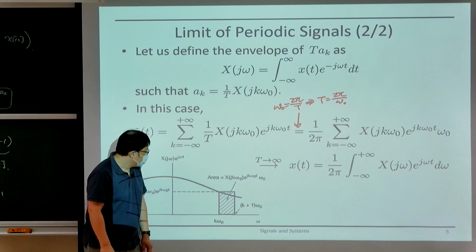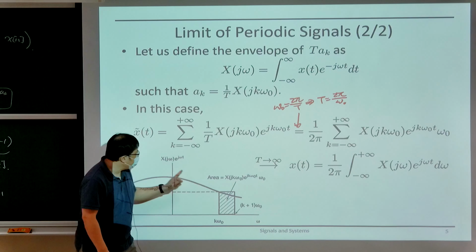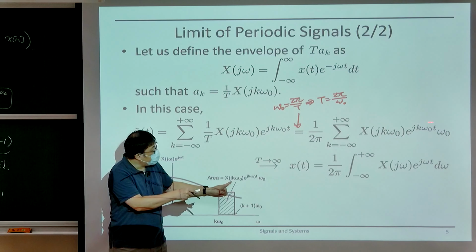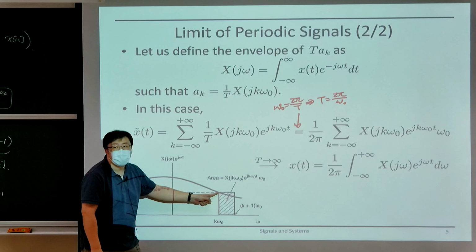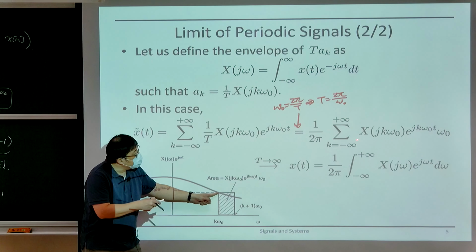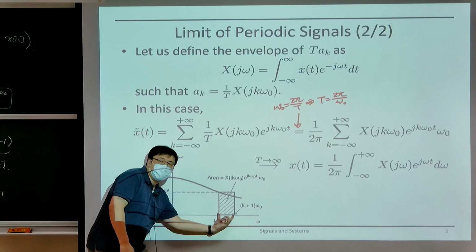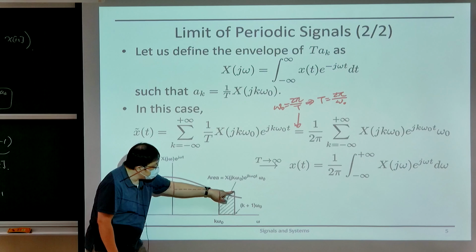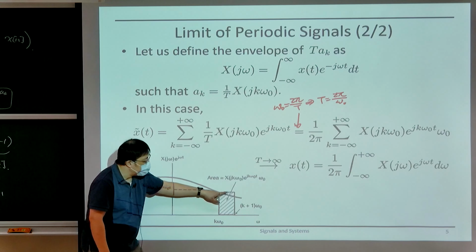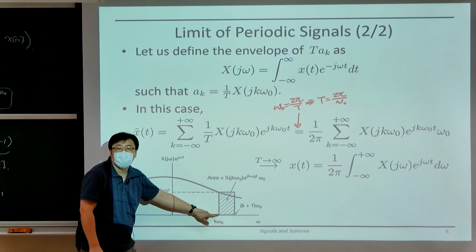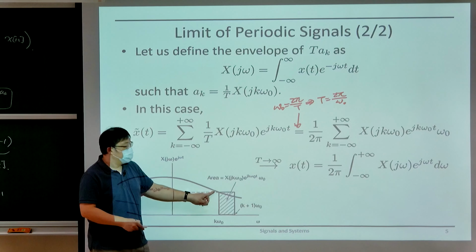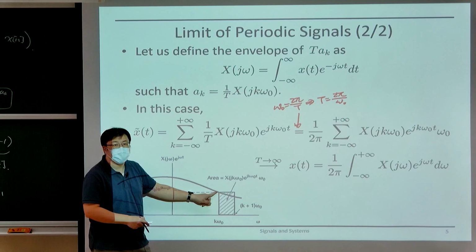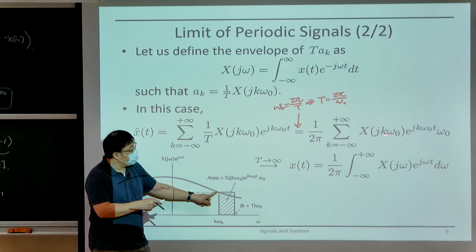So suppose that this is the function, and this value is the value at the point k omega naught. This value times omega naught, assuming it's the width here, gives you the area of this bar region. Any questions here?